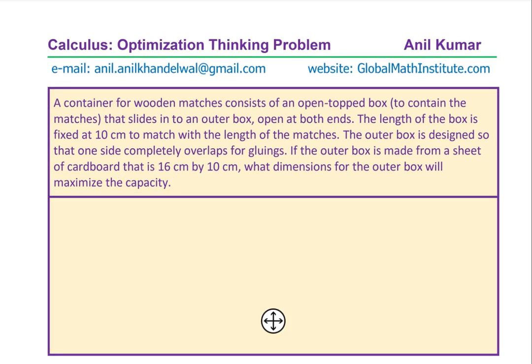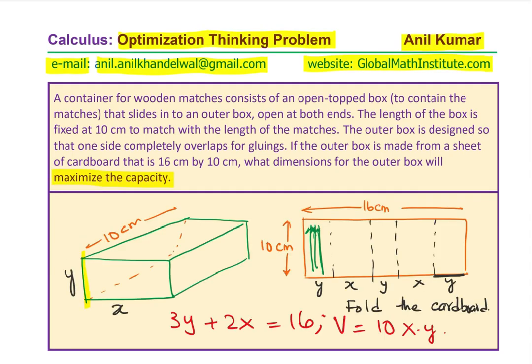What we were saying is that in this box, we have related x and y with the relation 3y plus 2x equals 16. And also, we know that the volume is equal to 10 times xy, right? So, referring back to the diagram, I am writing the same equations on the next page.